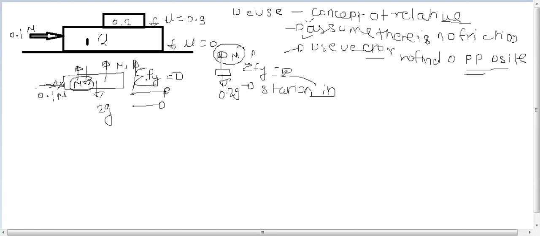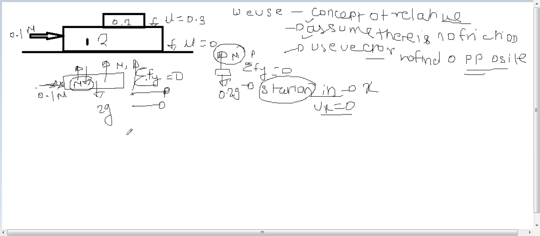I have not written the complete spelling of stationary. It will be stationary in the x direction. This means that Vx should be equal to 0.